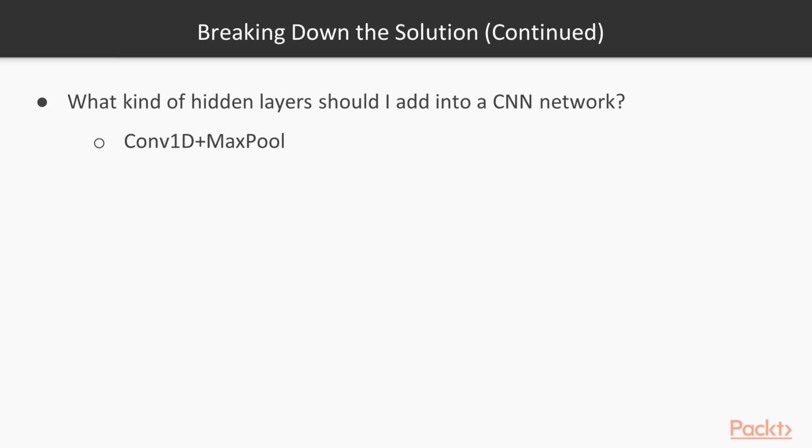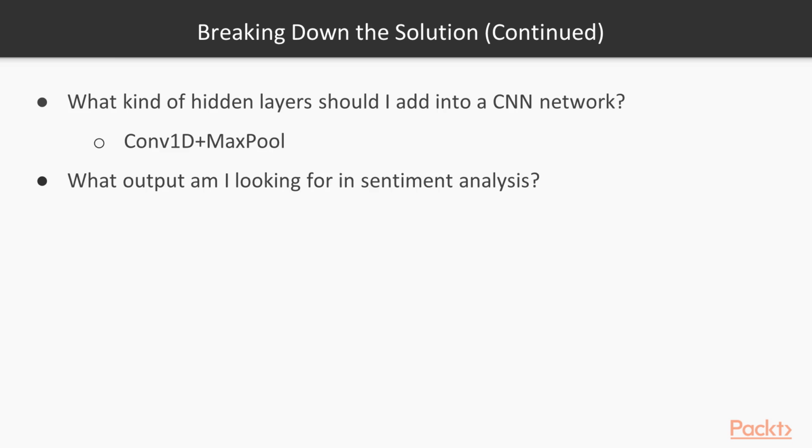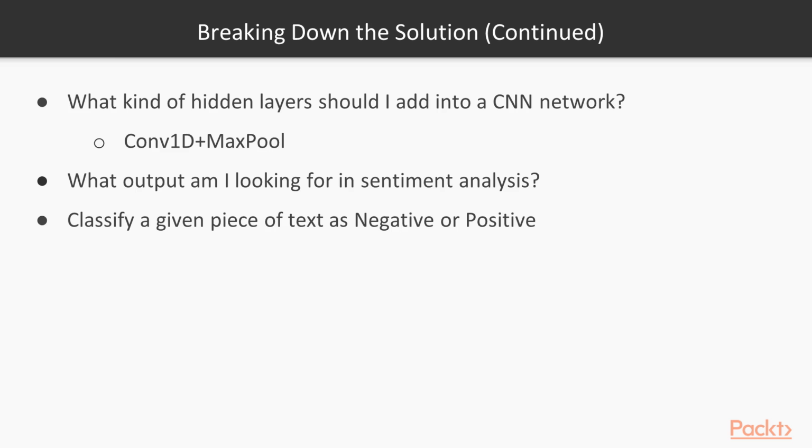Then the next question is, what output am I looking for in sentiment analysis? So I hope that you've looked at the dataset and you've realized, or maybe you knew, that sentiment analysis is pretty much a classification problem, and we have just two classes.